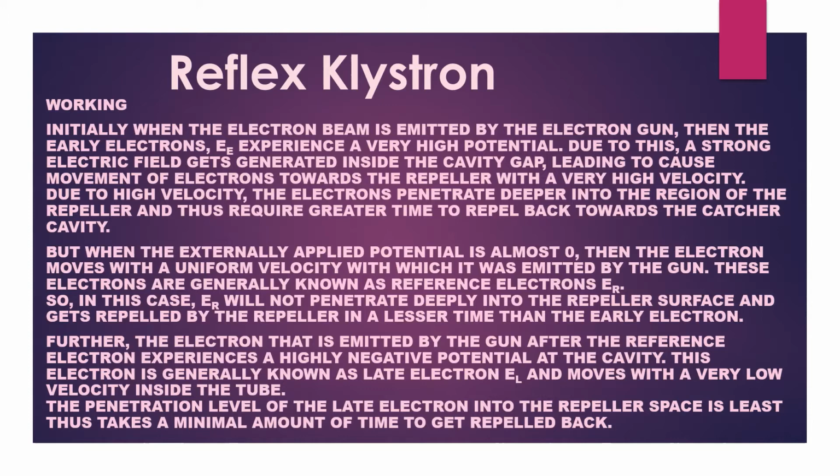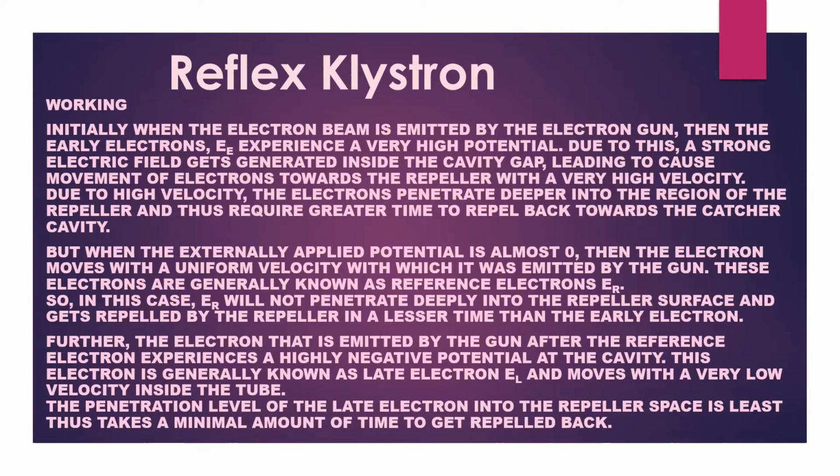But when the externally applied potential is almost zero, then the electrons move with a uniform velocity with which they were emitted by the gun. These electrons are generally known as reference electrons. Okay, so there will be reference electrons, ER, which is a normal movement of electrons.